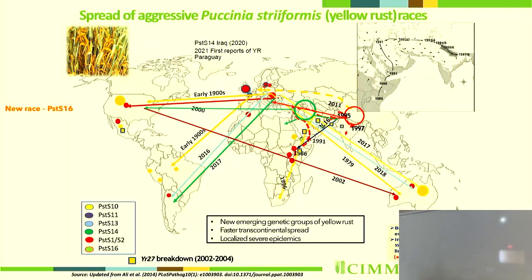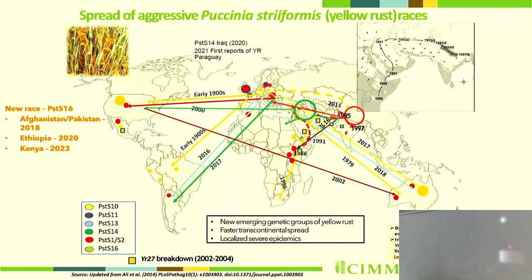I'm just going to talk about PstS16. It is not a relatively new race, if you remind yourself of Dave's talk as well. It was first detected in Afghanistan and Pakistan in 2018, and then in Ethiopia in 2020. Recently, we have had an outbreak of PstS16 in Kenya.